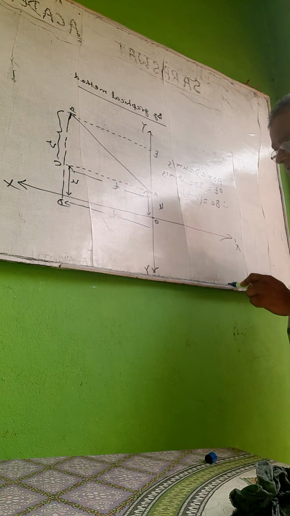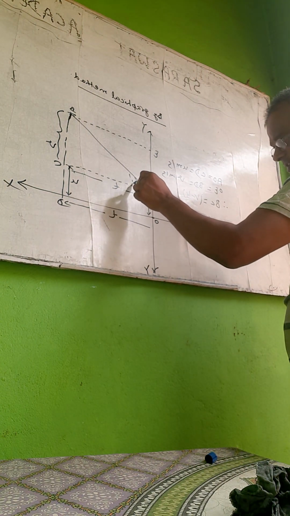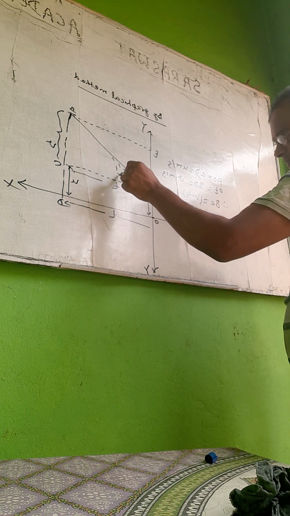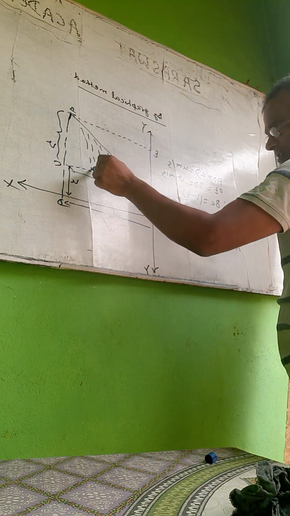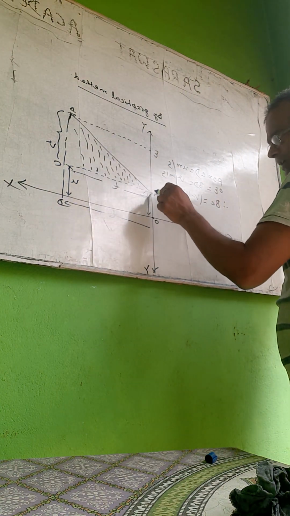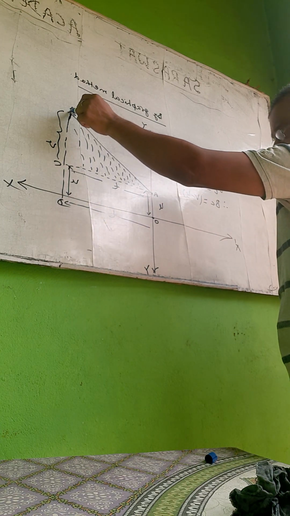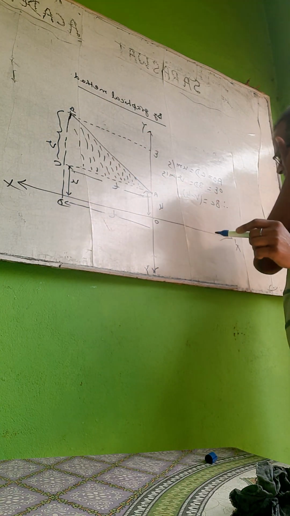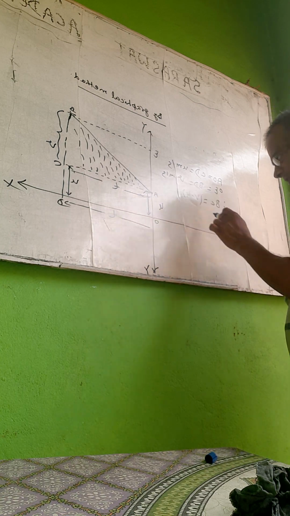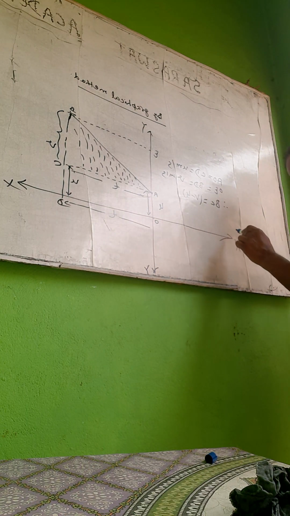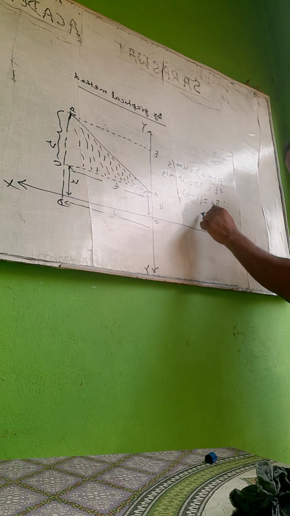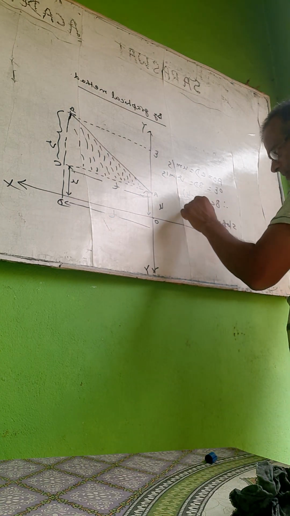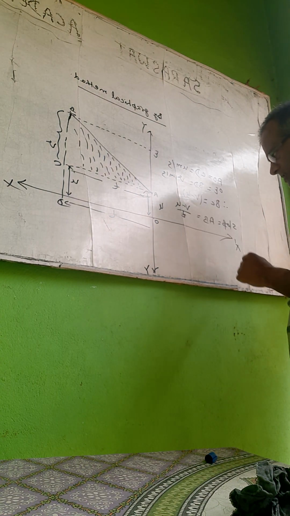So in this case this region represents the slope of the object. The object starts from O to A, and after B comes from D to A. Now here the slope from A to B will be v minus u by t.